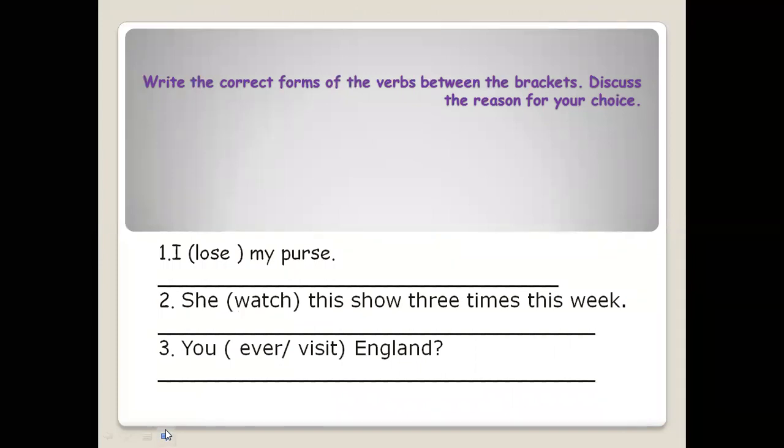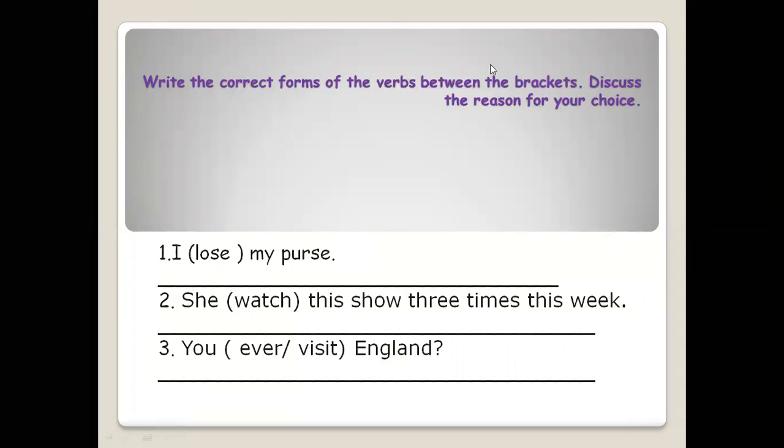Number 1, I lose my purse. Now, when I want to use present perfect in this sentence, why do I use present perfect? Because I'm talking about losing my purse, so I'm emphasizing the result of the action, that I'm out of my money now, I'm out of my important stuff in my purse. So emphasizing the result of the action, and the action itself is more important than the time.